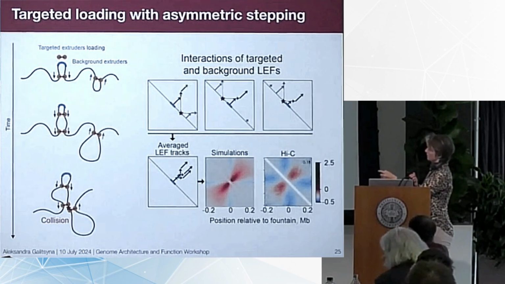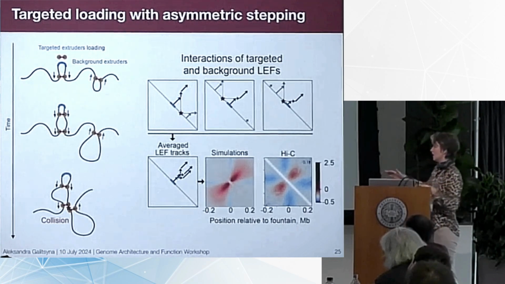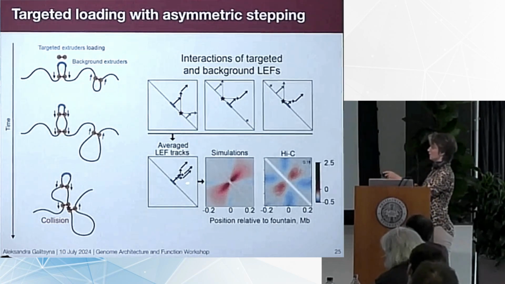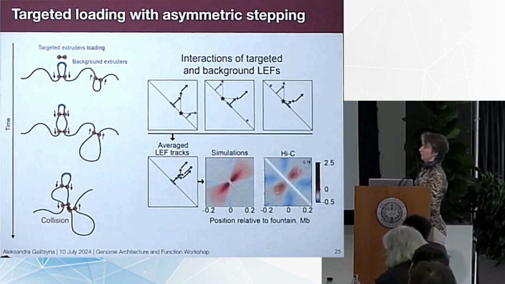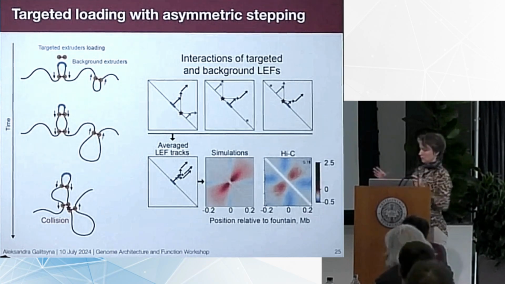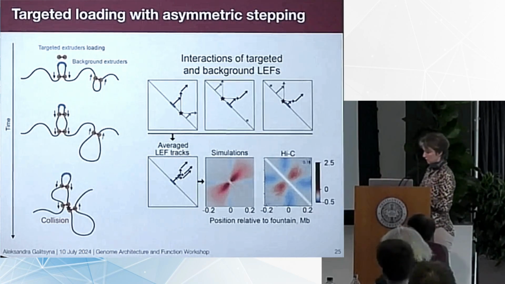The cohesin will progress again perpendicular to the main diagonal, symmetrically, but multiple events like that, which can happen randomly at different positions, on average will lead to this broader structure that we can now call a fountain. We simulate this, and simulations nicely agree with this picture of broader structures than just hairpins.